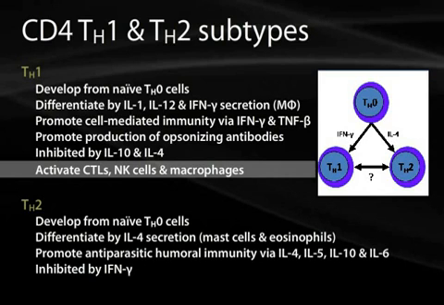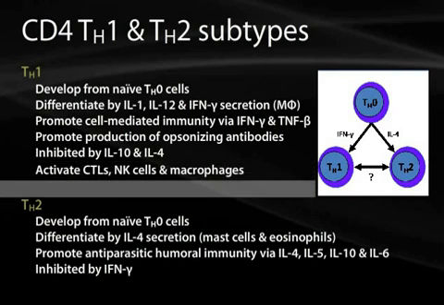So Th1 cells stimulated by inflammatory cytokines like IL-1 and IL-12 will then stimulate other cells as part of cell-mediated immunity in a pro-inflammatory type of response, mediated through the cytokines that the Th1 cell is making, interferon gamma and TNF-beta.